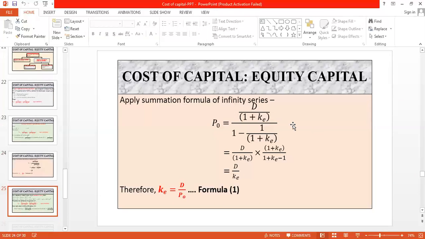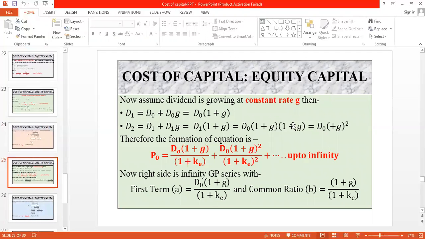Now we will make that situation a little bit complicated. We are going to the second type of formula where we will assume that dividend is growing. This growth rate is a constant rate G. So if it happens, then let us see what changes we have to make in the formula.